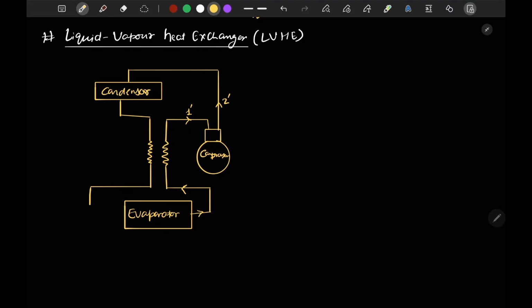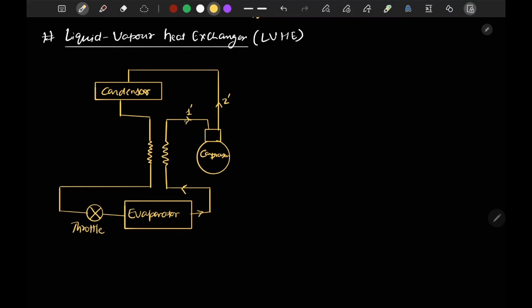And here we will attach a throttling device. Okay, so this is our throttle.